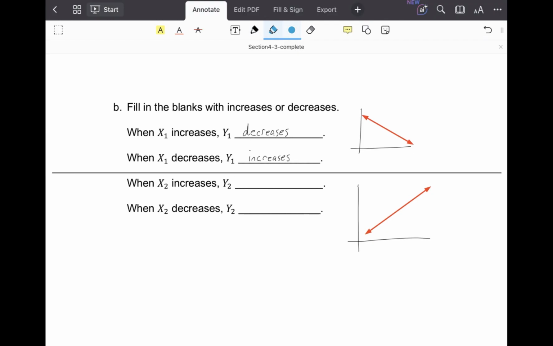Okay, now for this one, x2 increases left to right. It's going up for the y coordinate. It also increases. And then from right to left, y2 decreases.